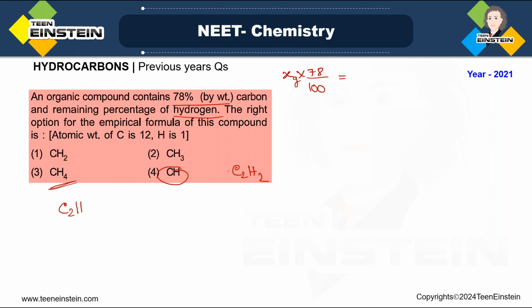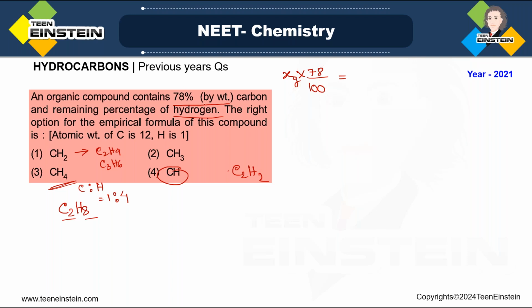Another possibility is C2H8, where the carbon and hydrogen ratio has to be 1:4. So that is the principle of empirical formula. Similarly, from the CH2 empirical formula, you can get C2H4, you can get C3H6. So carbon and hydrogen double. The ratio is 1:1, 1:2.